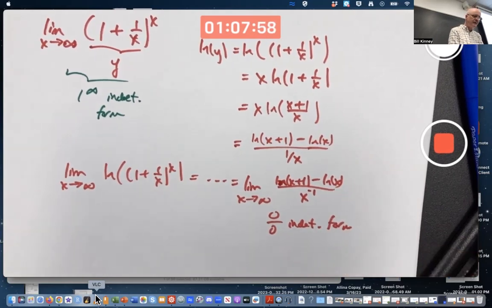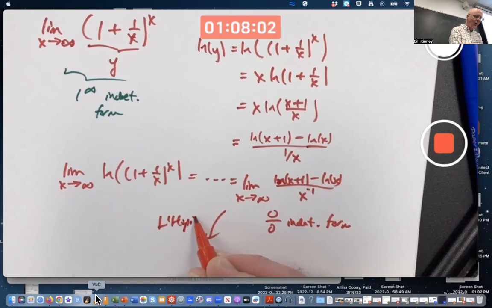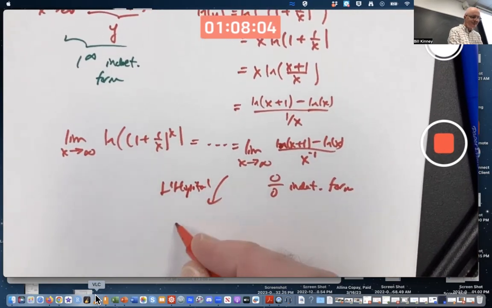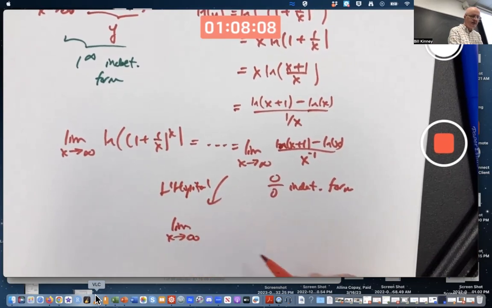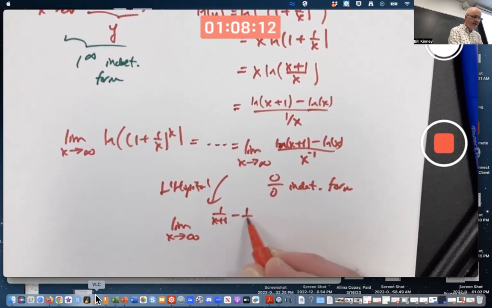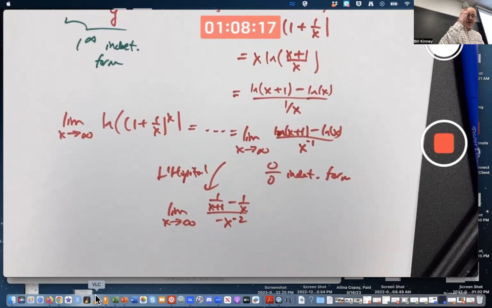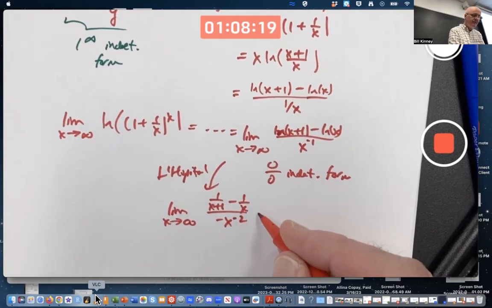So I can try to use L'Hopital's rule now. I'm feeling like it may not work, but let's see. By work, I mean, is it helpful? Take the derivative of the top and the bottom individually. Simplify.